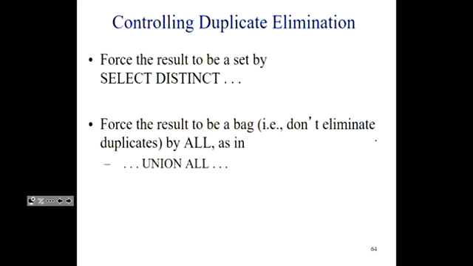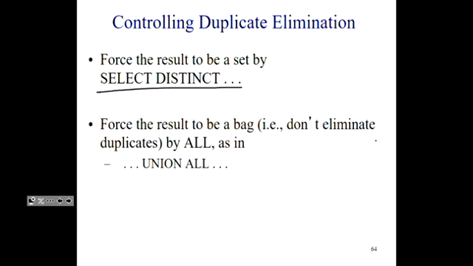On the other hand, if you don't want this to happen, you can actually force different behavior. You can force the result to be a set by saying select distinct. So select distinct actually forces you to do duplicate elimination at the end of your operation. So it will only return the unique tuples from your query.